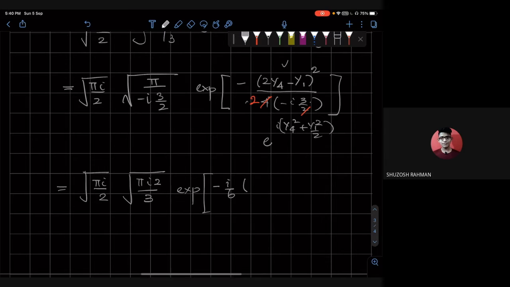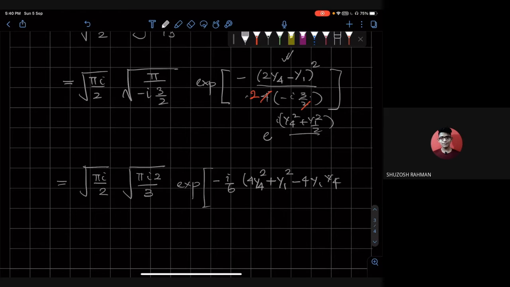Now we can also expand this guy. If you expand this, we are going to get 4 y4 squared plus y1 squared minus 4 y1 y4. And then we have to look at this. But this had a prefactor 1. So because we are putting it inside the bracket, we have to multiply by 6.